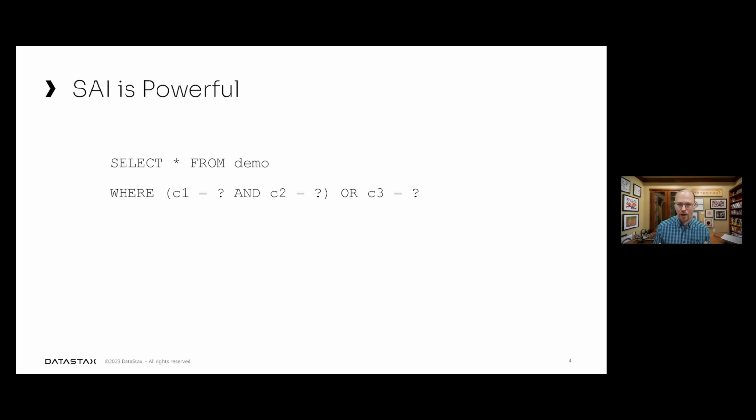You can do that now with SAI. And you can also do inequalities with SAI, and you can also do nested predicates with SAI. So here's an example of doing nested predicates with an OR using SAI. That's completely legal. You can do that today, again, in Astra.